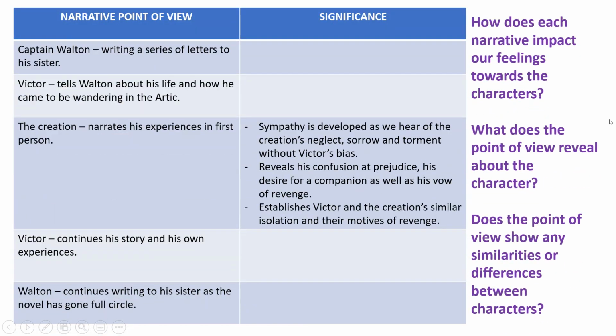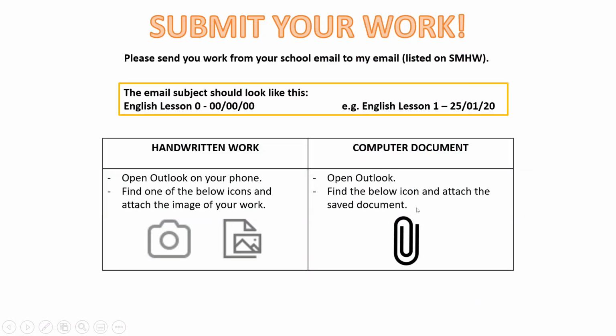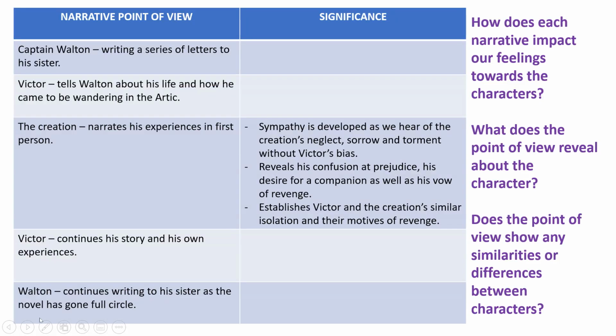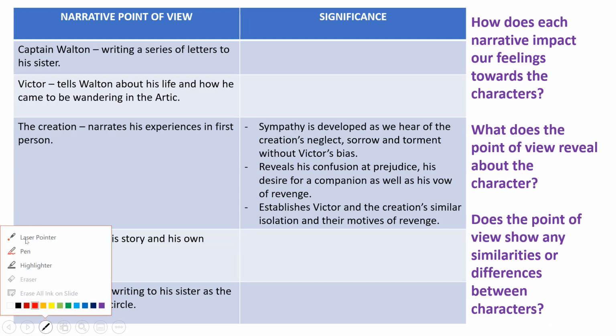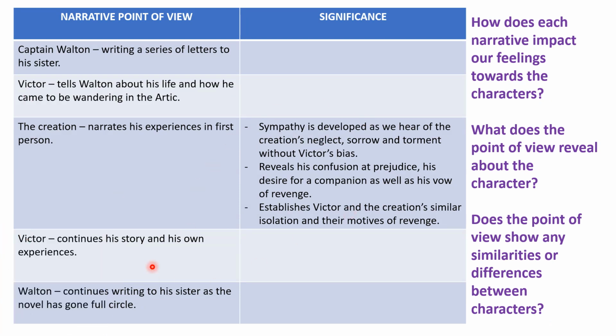So you are more than welcome to copy this down if you would like to, or build on it if you think I've missed anything. Ultimately, the more independent you are in this task, the better it will be for your knowledge. But I want you to mimic the same process by going through each of these questions for the other narrative points of view. Captain Walton, Victor at the beginning, Victor at the end.